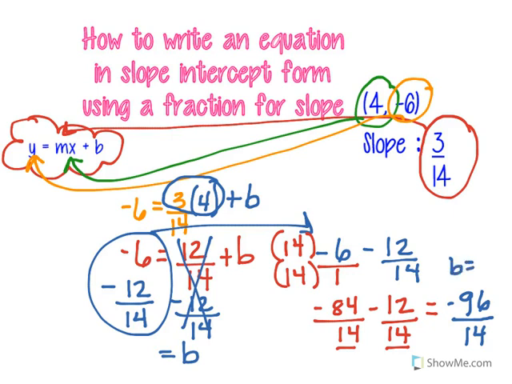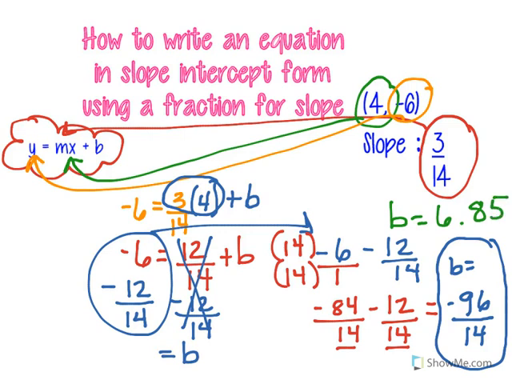But since b represents a y-intercept, I want to know what this is as a decimal, so I'm going to divide this, and b equals 6.85, and that would be negative.